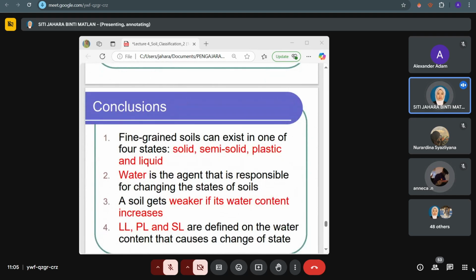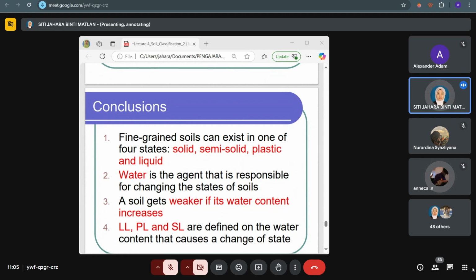So for the conclusion to this topic, fine grained soil can exist in one of four states: solid, semi-solid, plastic and liquid.